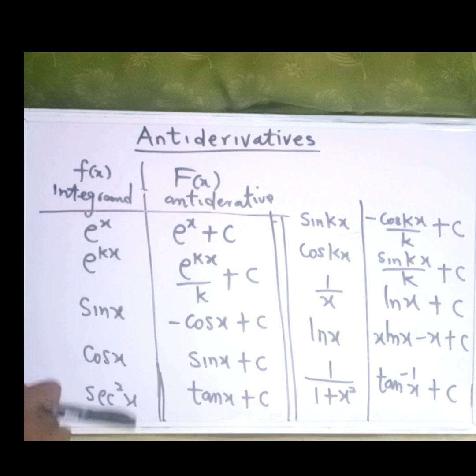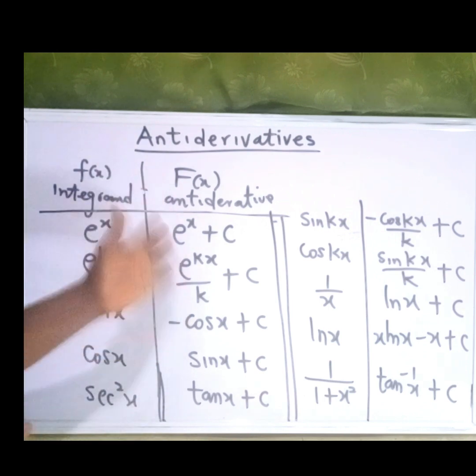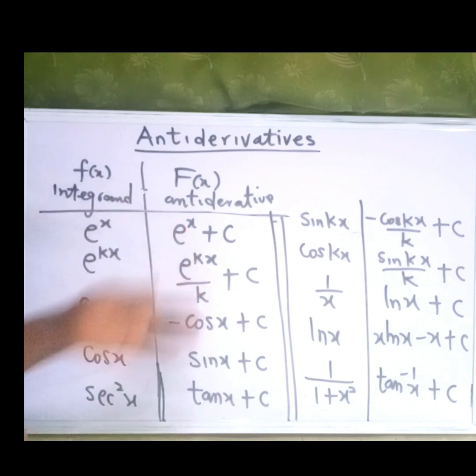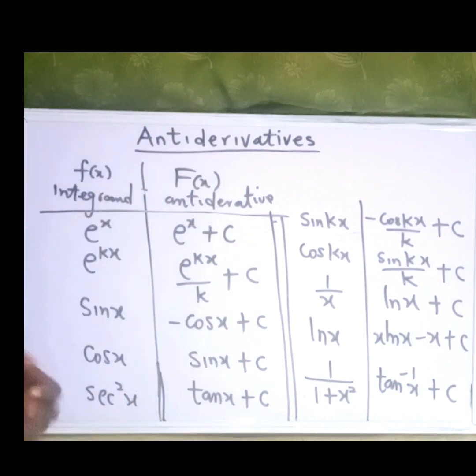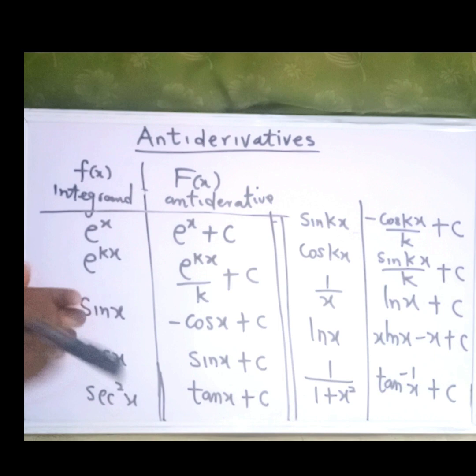Okay, so we just bring about this, since there is no formal process or method of finding the antiderivative of a function, rather than looking for the reverse of the derivative. So that said, we can now move on to some rules under the integrations. I'll be taking them one after the other.